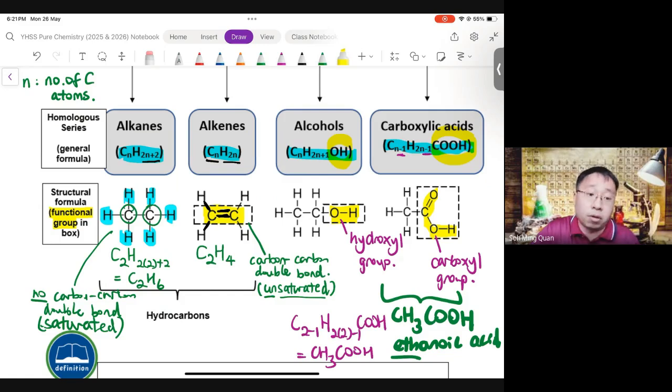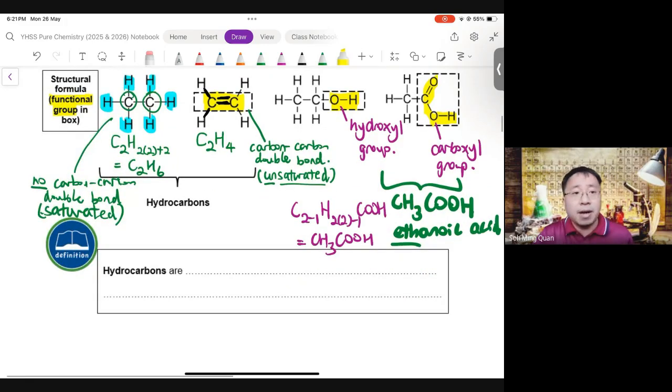We're going to look at more homologous series. Okay, but before we move on, do you need to know the general formula? Yes. Would you need to know functional groups such as OH is alcohol, COOH is carboxylic acid, carbon-carbon double bond is alkene? Would you need to know that? Yes.